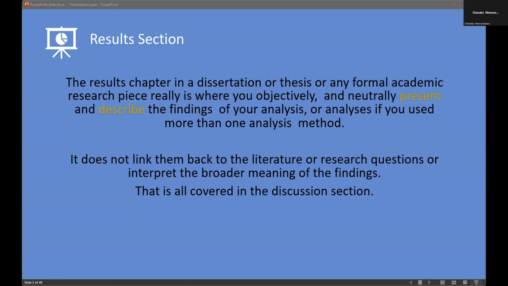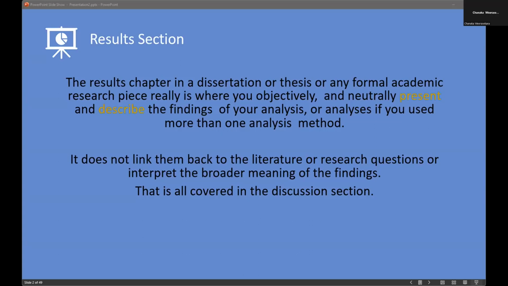Depending on what you do, whether it is qualitative or quantitative, right? So in doing so, it also specifically highlights any potential issues, such as sometimes outliers, unusual findings, things like that.